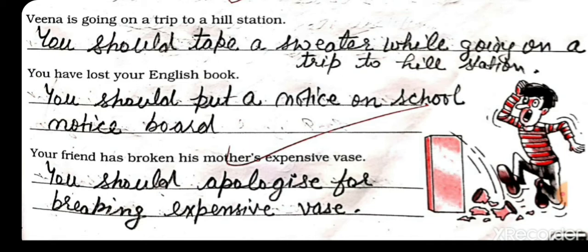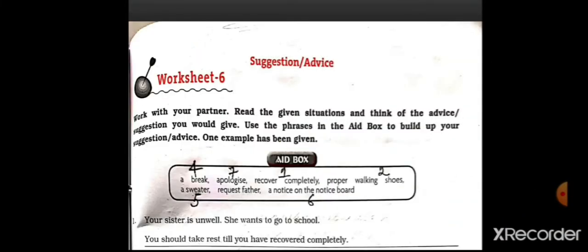By giving advice or suggestion. You should apologize for breaking the expensive vase. Now students, remember बेटा हम should modal का use करते हैं for suggestion or advice. Okay बेटा, to express suggestion or advice we use modal should. Okay, remember this thing, students.